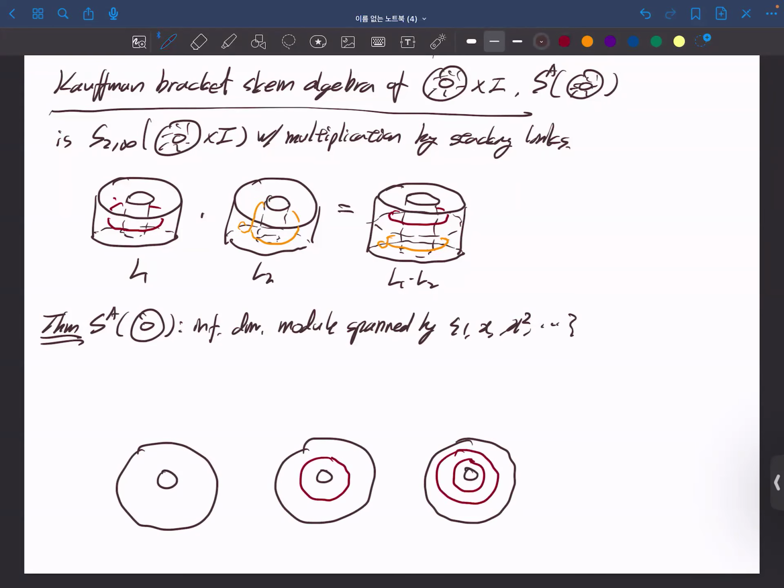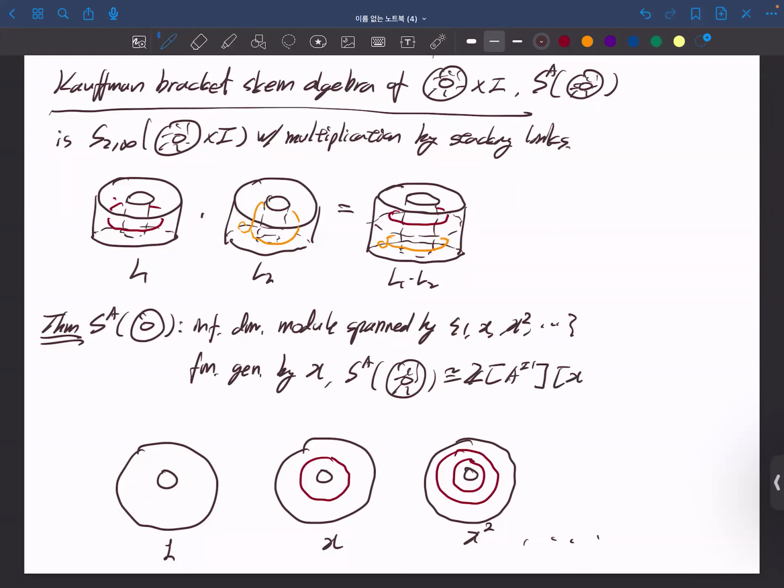So let's say to the empty case 1, this one is x, this one is x squared, and so on. As a module, it is an infinite dimensional module spanned by such elements. And then as an algebra, this is finitely generated by x. So SA of the annulus is isomorphic to C[A^{±1}][x].